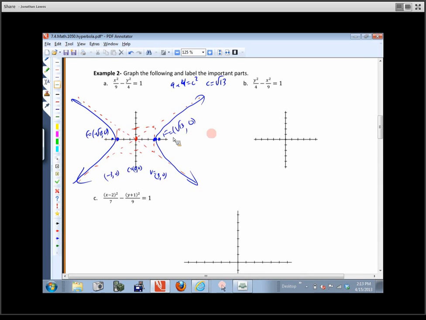Because if the center was (0, 0), and I went forward radical 13, I'd be at 0 plus radical 13 comma 0, and the other one would be at 0 minus radical 13 comma 0. And same for both of these. I could write that as 0 plus and minus 3. So do you see why they call it a conjugate axis? Okay, equally spaced on either side of that.